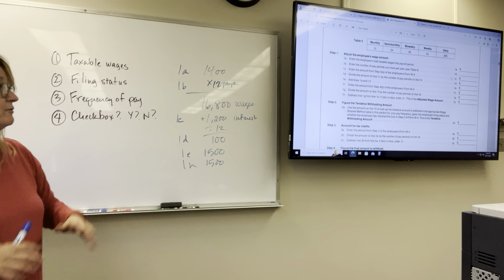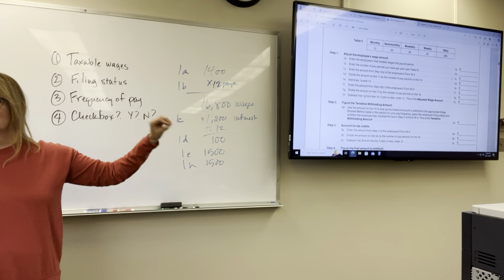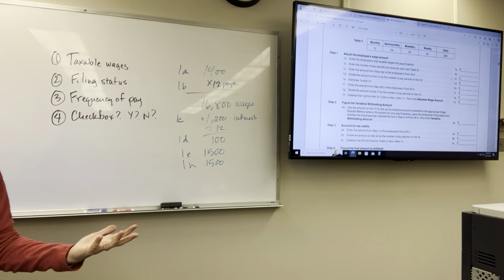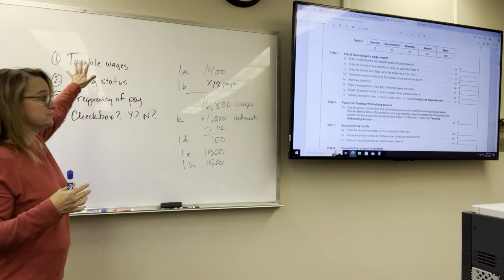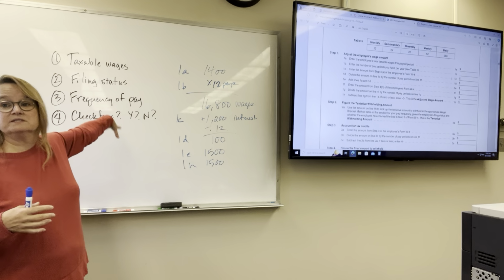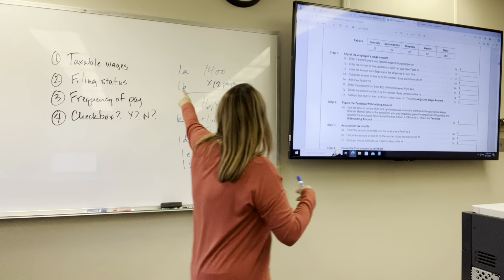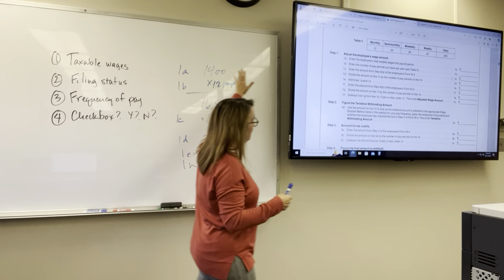If they filled that out, then you would want to use one of these worksheets. If they haven't filled it out, you really don't need to use the worksheet because you've already got the taxable wage. You've got these 4 pieces of information, right? This is just to adjust the taxable wages when those other pieces of information are entered on the W-4.